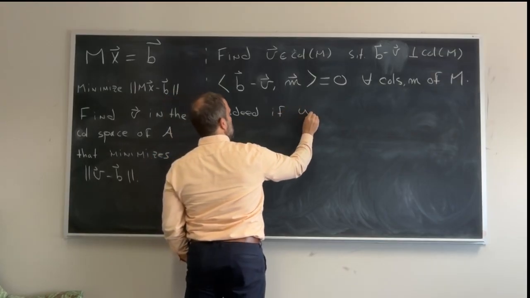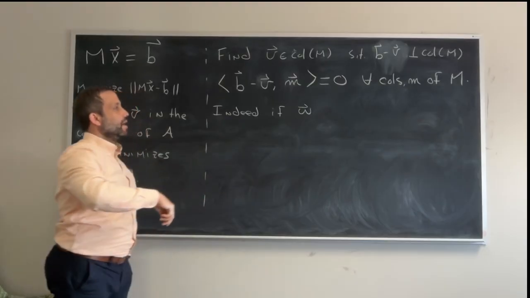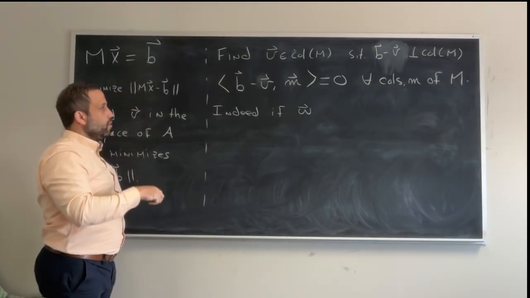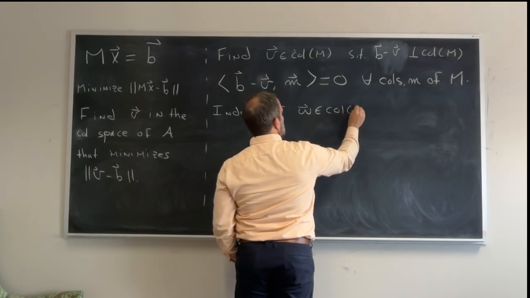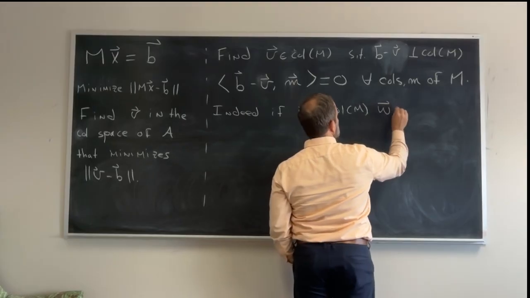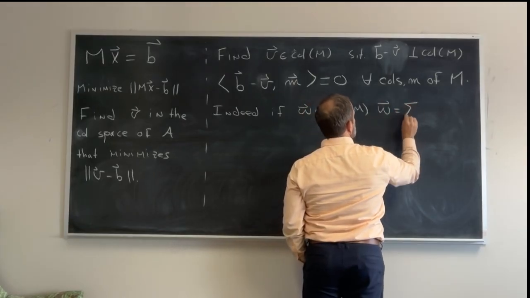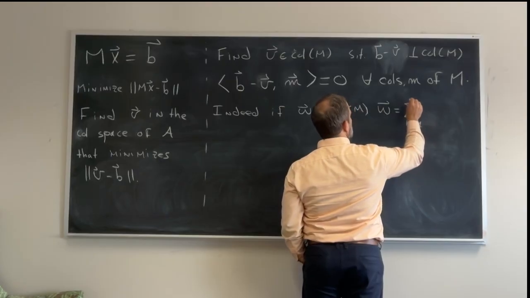if w is in the column space of M, then w is equal to the sum from k equals 1 to L of a_k m_k.